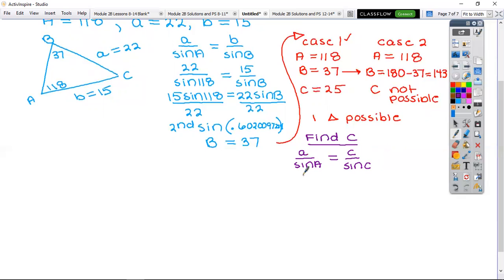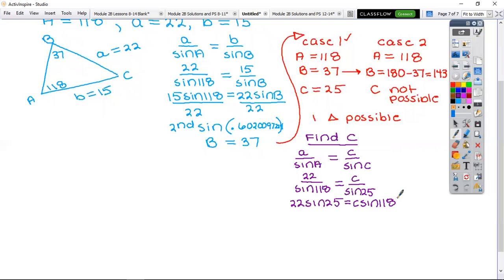So we have 22 over the sine of 118 equal to little c over the sine of 25. All right, so we get 22 sine 25 equal to c times the sine of 118.